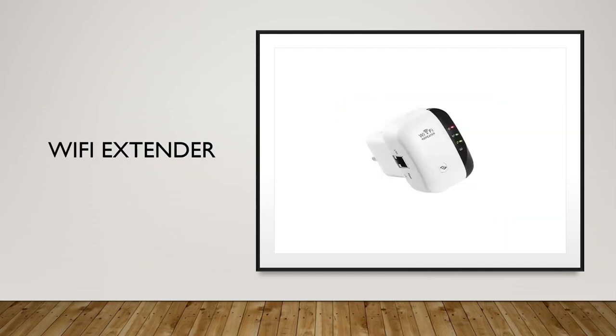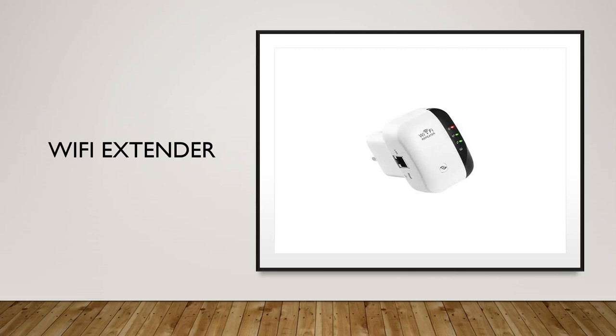You can also use your Raspberry Pi as a Wi-Fi extender. So the Wi-Fi extender sits between your wireless router and the location that you want to improve the wireless coverage. It works by taking the existing Wi-Fi signals from your router and rebroadcasting them on a different channel.